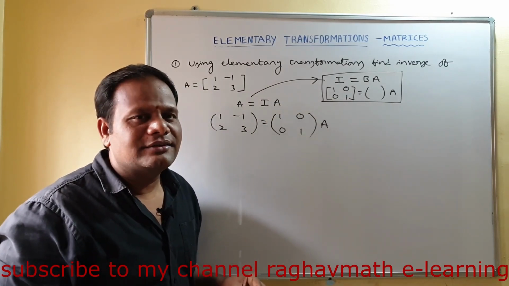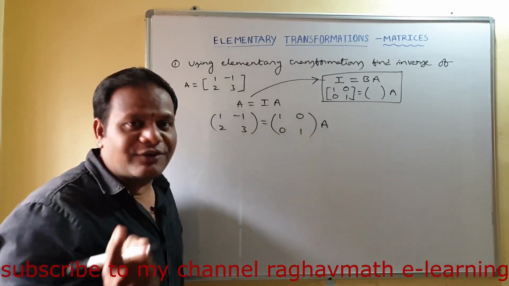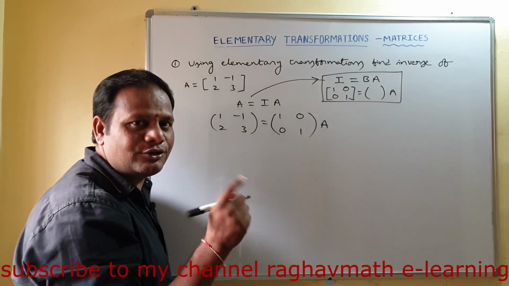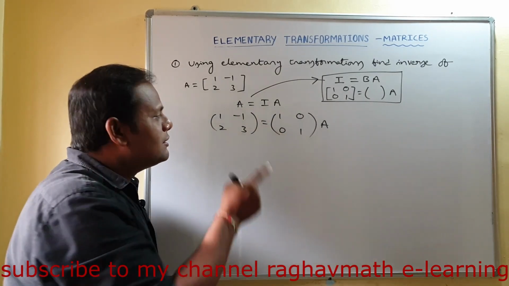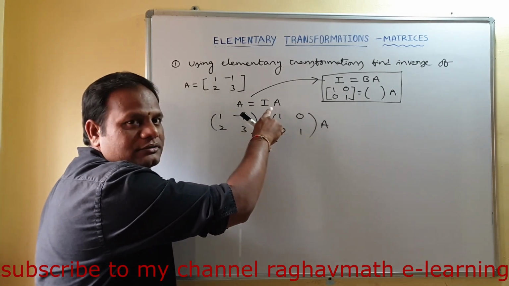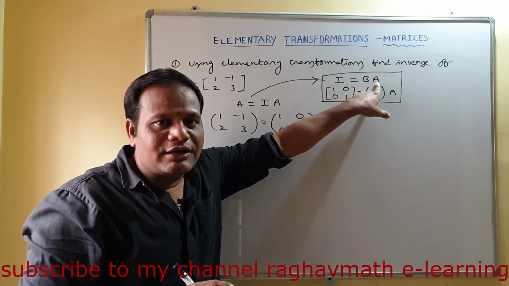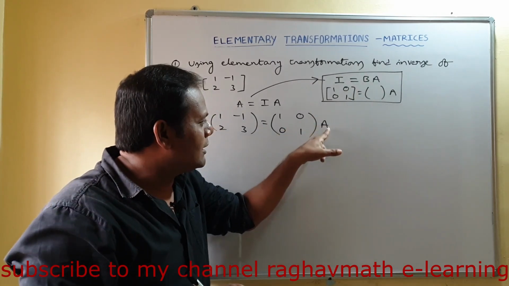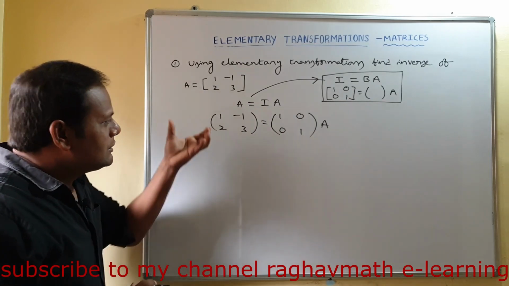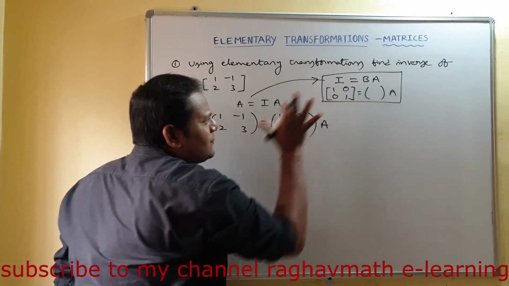Why? Because here I am going to apply an elementary row transformation. That is the reason I have taken A equal to I into A. So when you apply a row operation, we apply that operation only on the first matrix of this product. So we don't disturb this matrix A, because finally we want A only here. So already A is there. Is it clear?